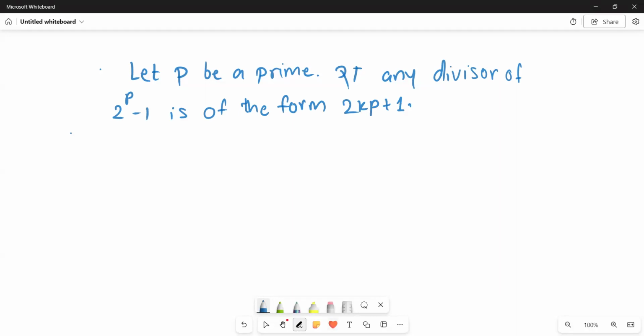So P is a prime greater than 2, and we have to prove that any divisor of 2 to the power P minus 1 is of the form 2kP plus 1. Any ideas?